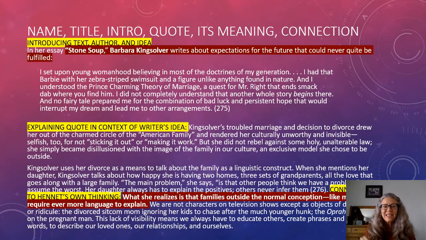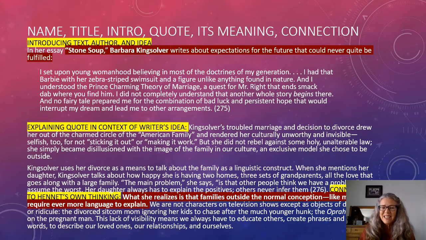Next, she's going to connect Kingsolver to Hennet's own thinking, and she does so in this really important sentence. What she realizes is that families outside the normal conception, like mine, require ever more language to explain.